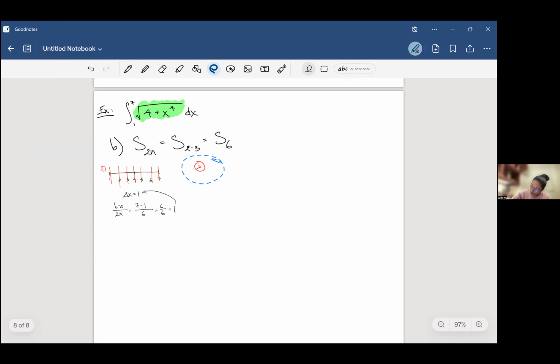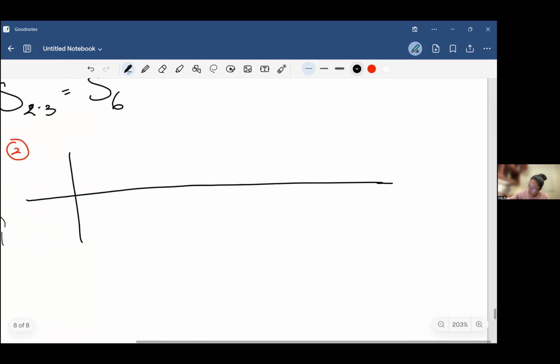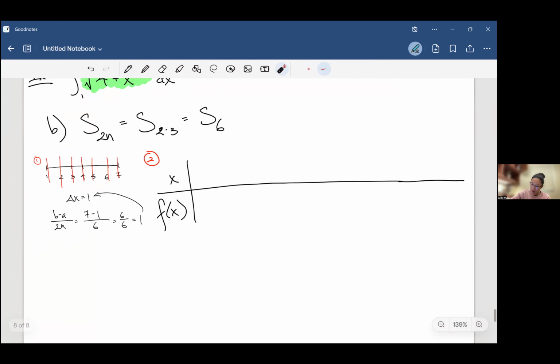And we'll move this over. Great. Okay. So let's get an XY table, and we'll have our x and our f of x. Now this time I want to use all the divisions and the first and last value.